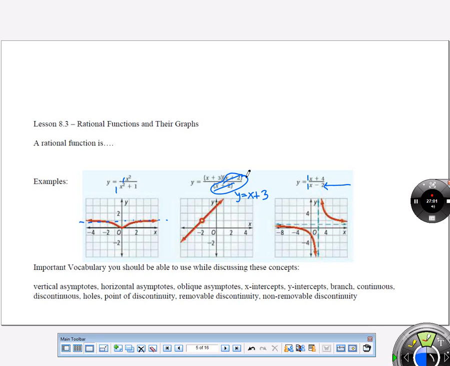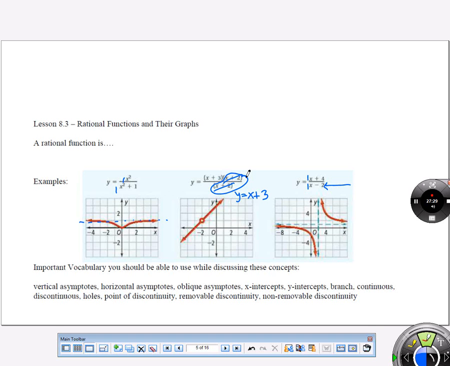Yeah, there's something missing. Basically, continuous, if you could trace the whole graph without ever picking up your pencil, continuous. If you have to pick up your pencil to jump over anything at any point, discontinuous, right? Okay? So here, I mean, I know technically they drew the hole, okay? But really, you can't mark that point, so you would have to pick up your pencil and go through, okay?